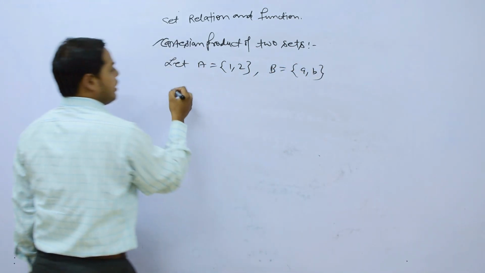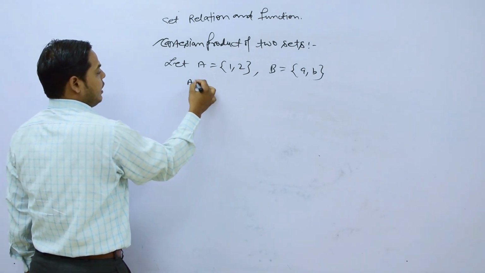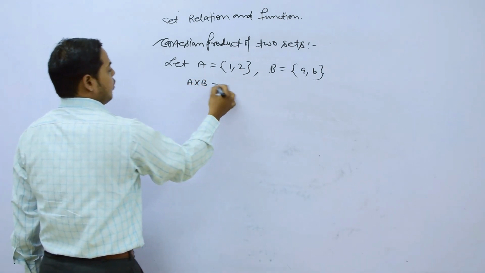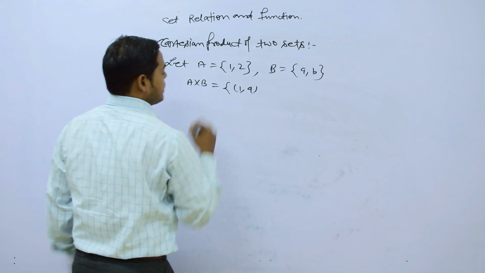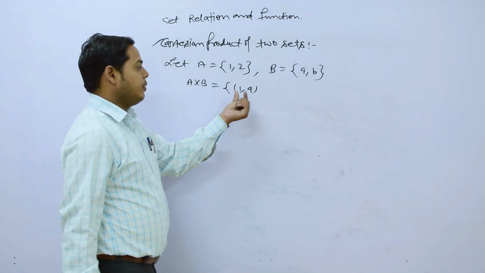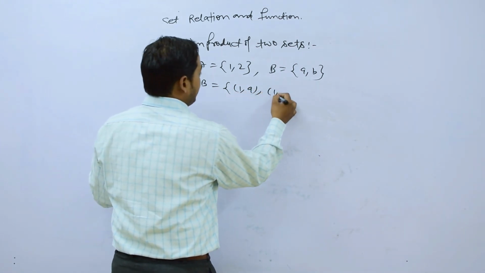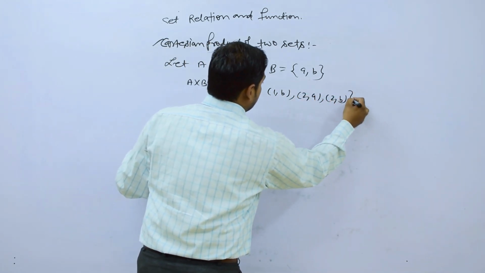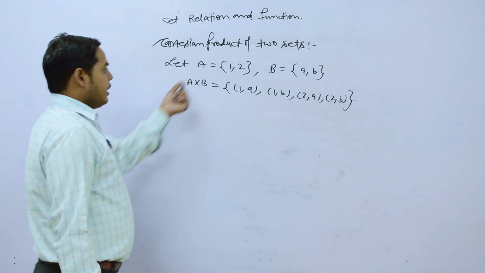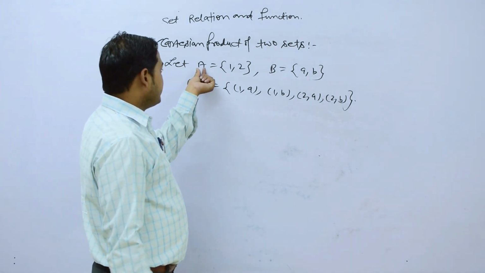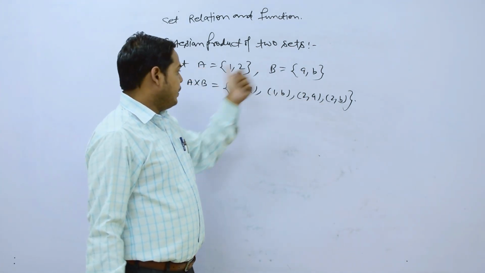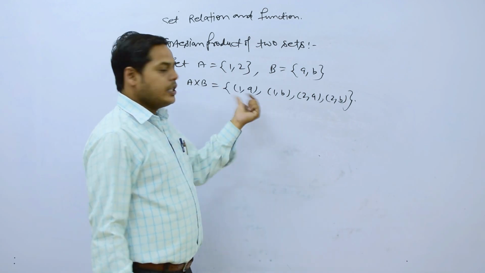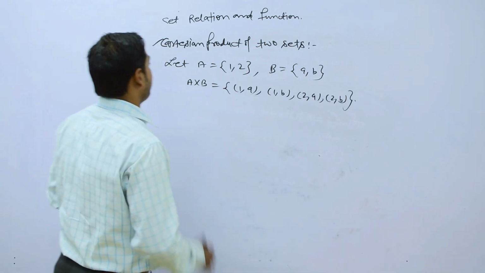Then their Cartesian product is defined as A cross B equal to the collection of ordered pairs of type 1a, 1b, 2a and 2b. We can take any set A and any set B. We can find their Cartesian product like this.